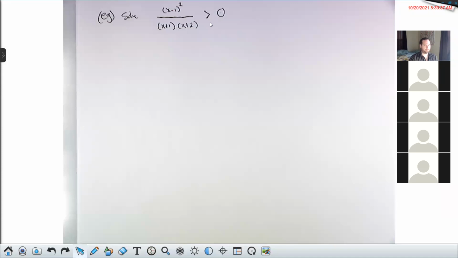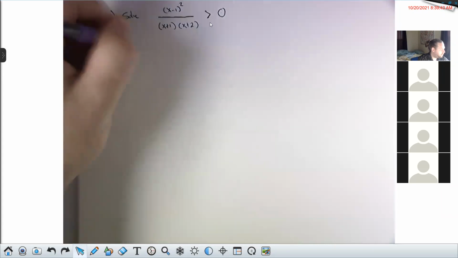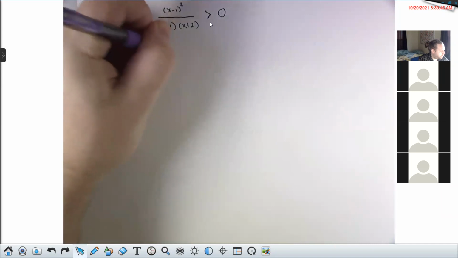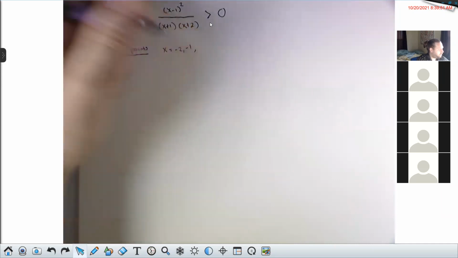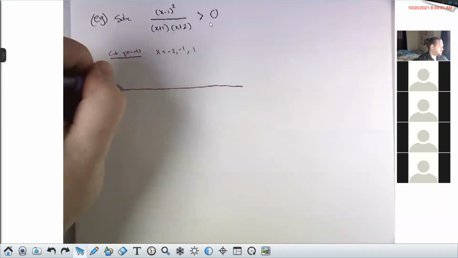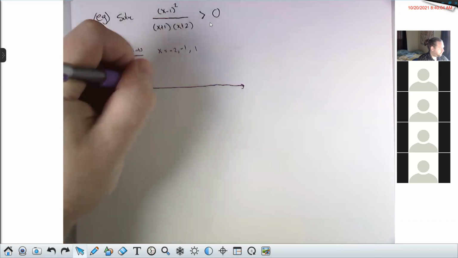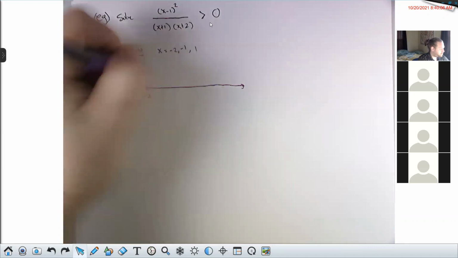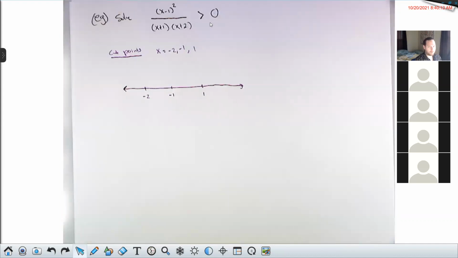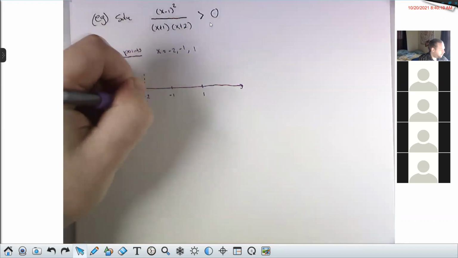That's already been done. So what we do is we write down the cut points. From the bottom, I have -2 and -1. And from the top, I have 1. And those will chop up my number line into 4 regions.